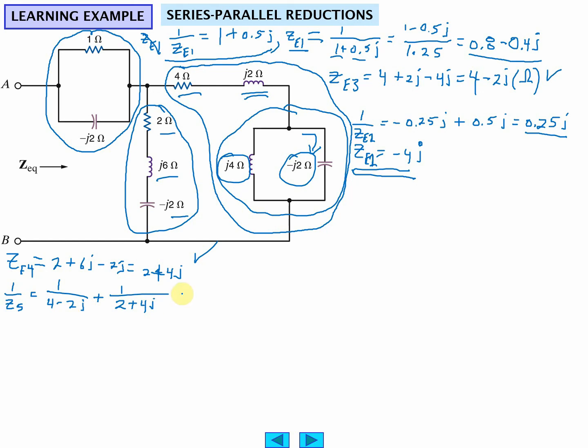Multiply top and bottom by the complex conjugate. 4 plus 2J over 4 squared plus 2 squared, which is 20, plus 2 minus 4J over 2 squared plus 4 squared, which is 20. Equals 6 over 20, which is 3/10 for the real part, the 4 and the 2. And this 4 and this 2, that's negative 2 over 20, or 1/10.